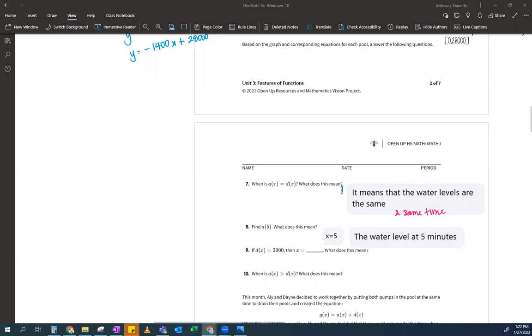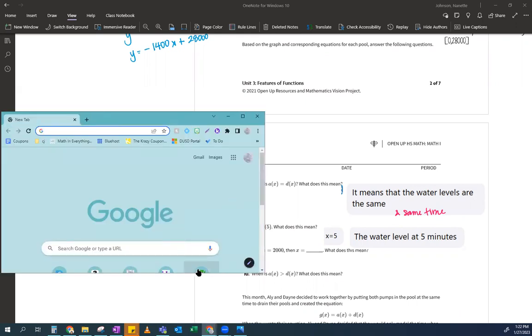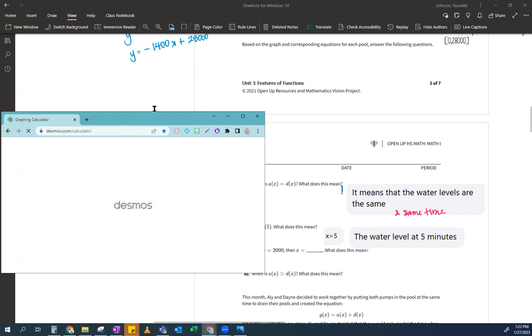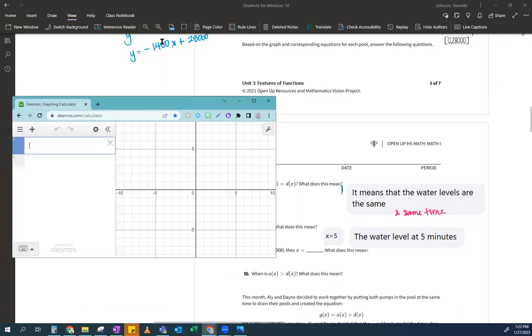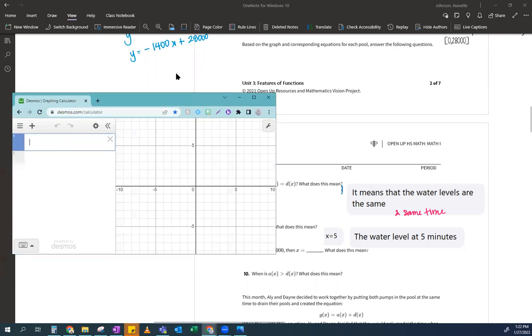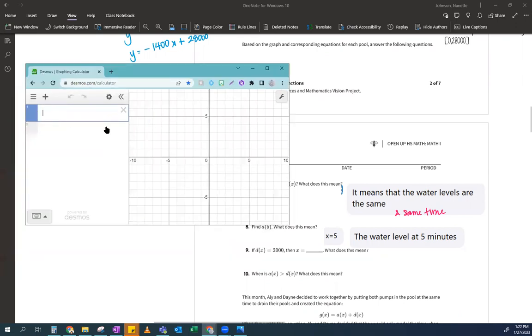All right. So I'm going to use my calculator, my best friend, Desmos, to the rescue. So I'm going to plug in 5 for x here. I'm actually going to write it out here so that you guys can all see. So a of 5 equals negative 1,400 times 5 plus 28,000, right?